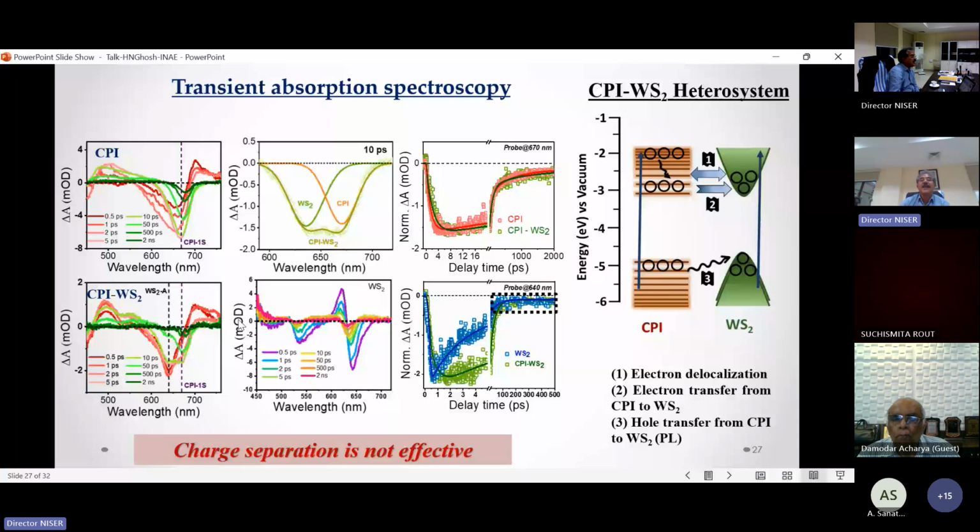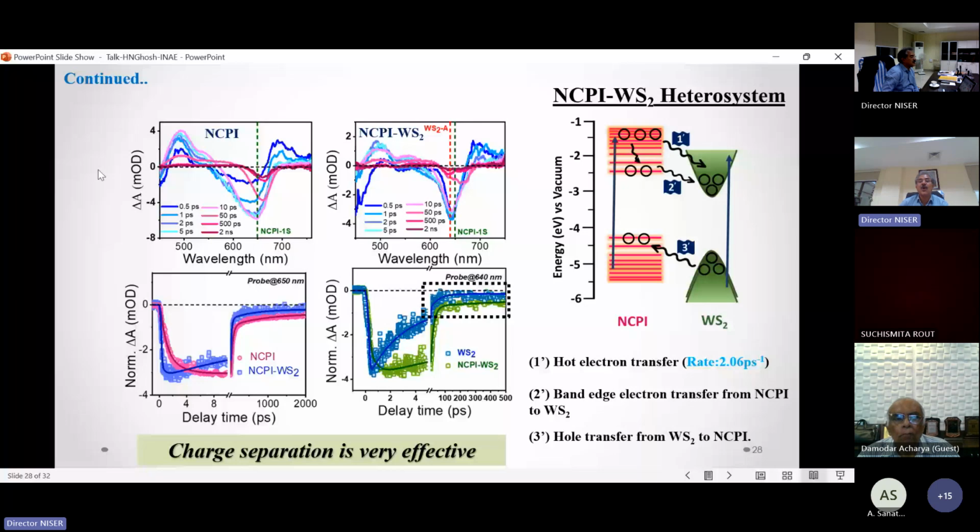When you take NCPI, things are very, very different. Here we observe electron transfer, since NCPI is the type 2 system, and clear hole transfer from WS2 to NCPI. So from NCPI you get the electron, and from WS2 the hole goes to NCPI.